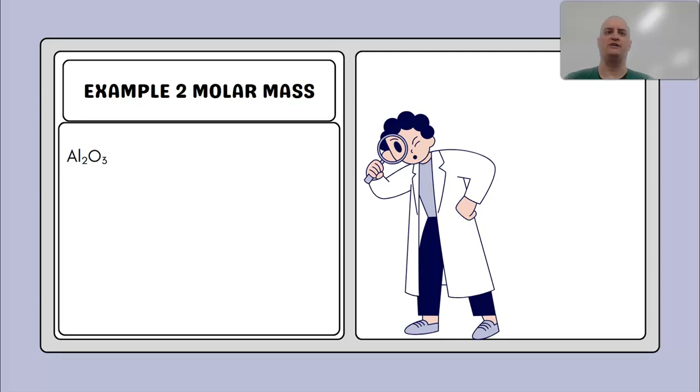So let's look at another example. Again, this one has a correct chemical formula. So if we have 2 aluminum and 3 oxygen. The molar mass for aluminum, 26.98, you find right on your periodic table.